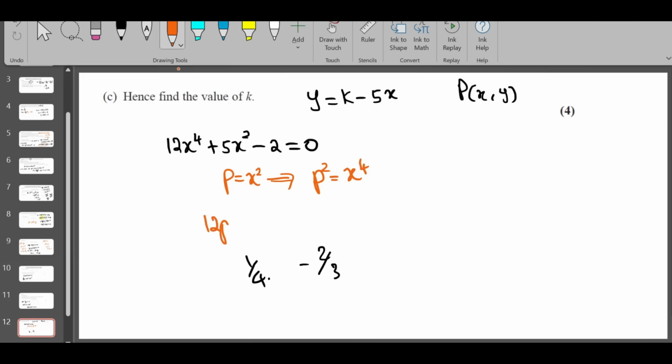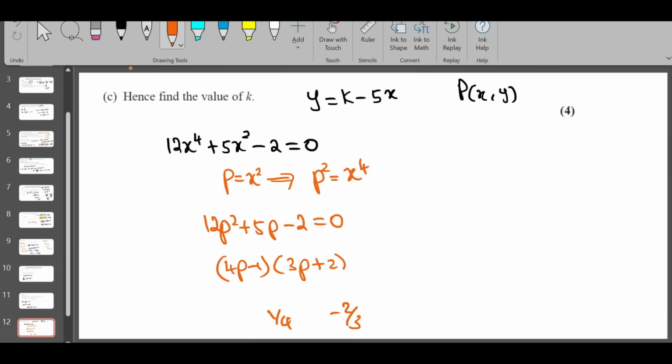So we'll get 12p square plus 5p minus 2 is 0. And then the two solutions are 1 over 4 and minus 2 over 3. So we can write this as factors: 4p minus 1 times 3p plus 2 is 0. So p is this, p is this.